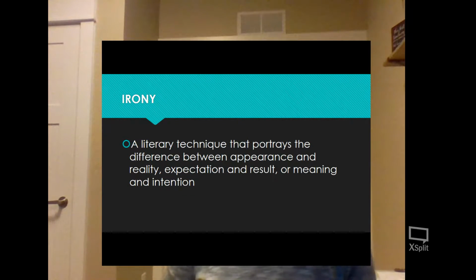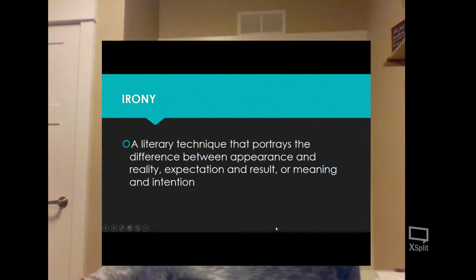Okay, so irony. What is irony? Irony is a literary technique that portrays the difference between the appearance and the reality, expectation and result, meaning and intention. Okay, that's great and kind of confusing. Let's break it up a little bit.